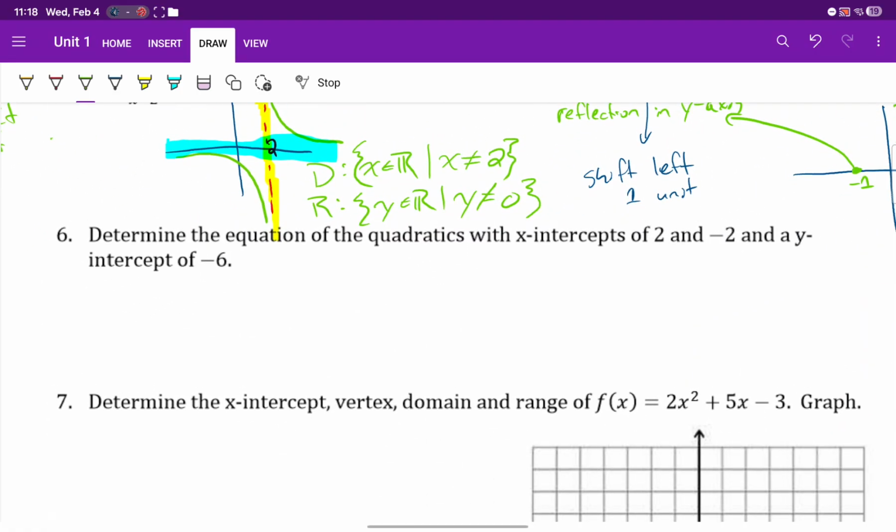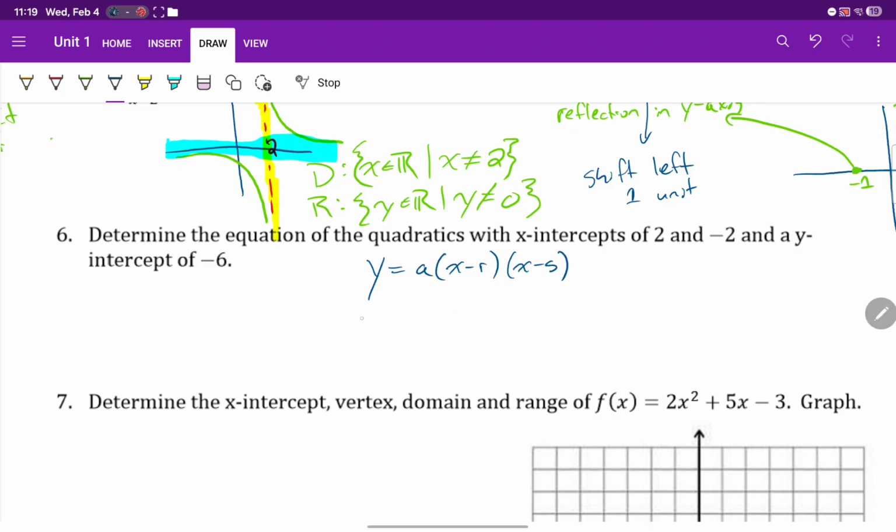Determine the equation of the quadratic with x-intercepts at 2 and -2 and a y-intercept of 6. So you might remember from last year that y equals a(x - r)(x - s) is the general equation of a quadratic in factored form, where r and s are my x-intercepts.